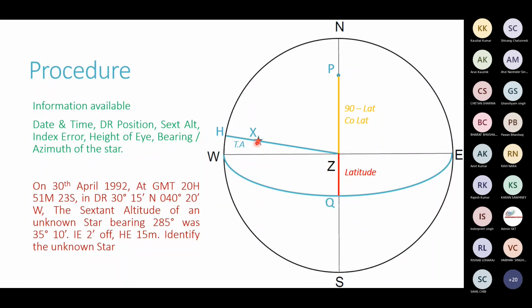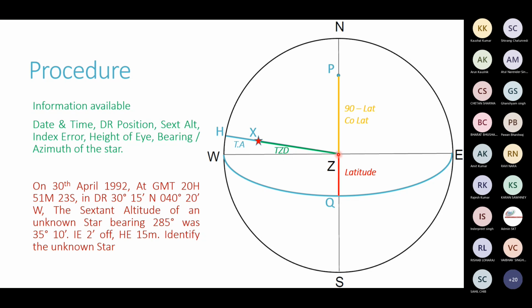Now, if HX is the true altitude of the star, then the other part of this line, that is ZX, where Z is the zenith and X is the celestial body or the star, represents the true zenith distance of the star. Let me highlight it by using the green marker. So you can see on the diagram, ZX highlighted as the green segment represents the true zenith distance of the star.